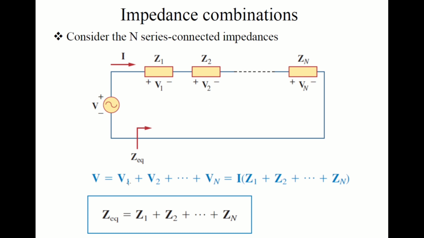And also for the voltage, the total voltage in the closed loop is basically V1 plus V2 plus until Vn.